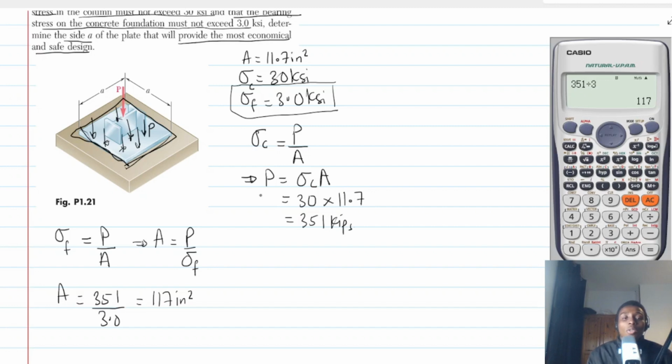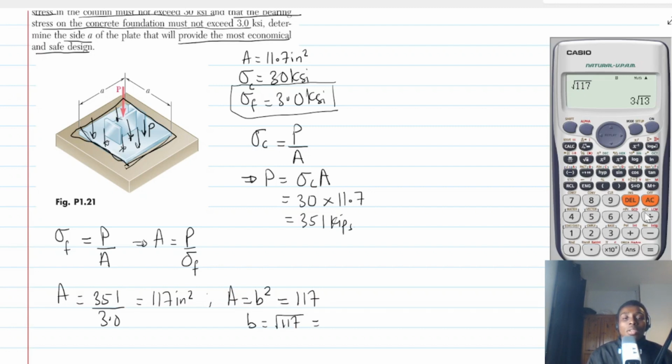Okay, so the most economical design is the fact that the area, b squared, should be equal to 117. So from here, we just take the square root of 117.